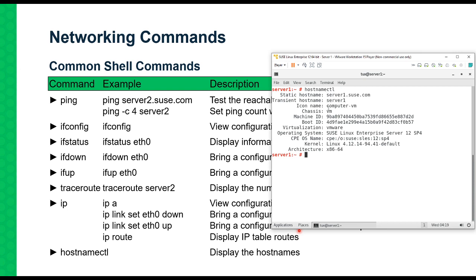Then a few other pieces of information are available in here, and what's quite nice to see with this command is which version of our operating system we are running right now, and then just a shorter name for the technical name for our version. And we can see our kernel that's running here is a 4.12 kernel, and our architecture is a 64-bit architecture running on Intel. Okay, good.